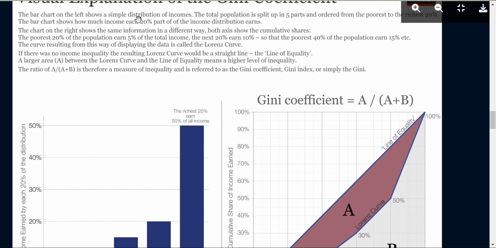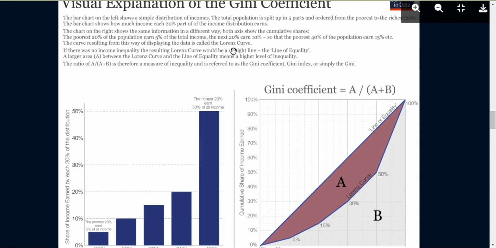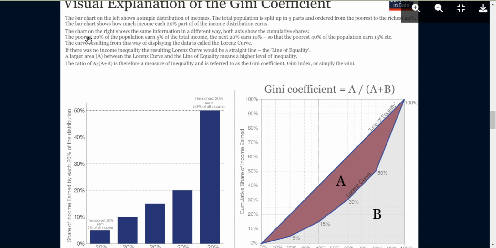The bar chart shows how much income each 20% part of the population earns. The chart on the right shows the same information in a different way. Both axes show the cumulative shares. The poorest 20% of the population earn 5% of the total income. The next 20% earn 10%, so that the poorest 40% of the population earn 15%, etc.